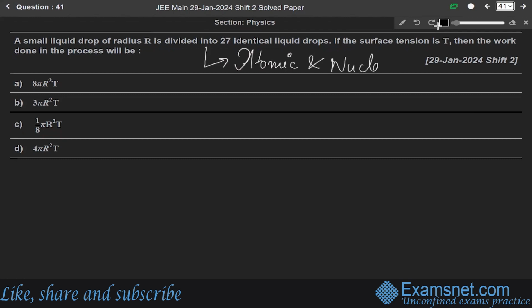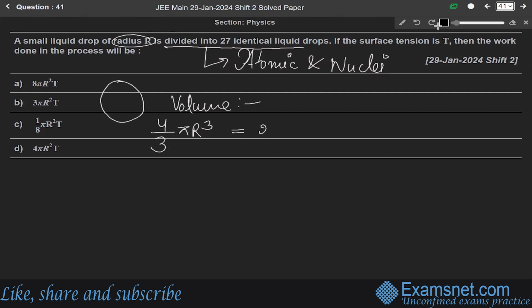So according to this question, a small drop of a liquid is divided into 27 identical drops. Let us use the volume of the liquid. The volume of one liquid drop having radius R will be 4 by 3 pi R cube, since the liquid is in the form of a sphere, where capital R is the radius.